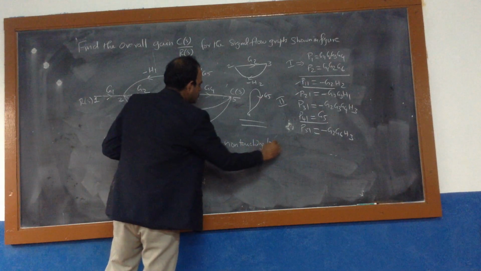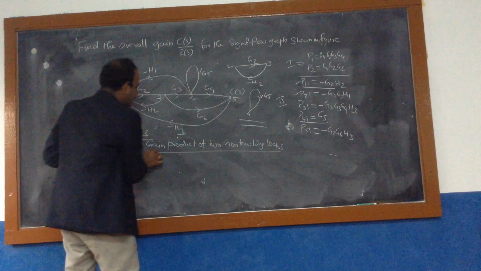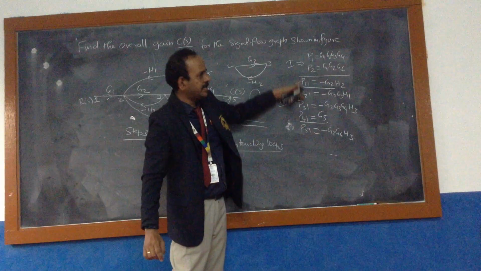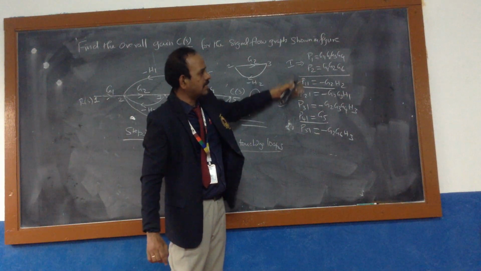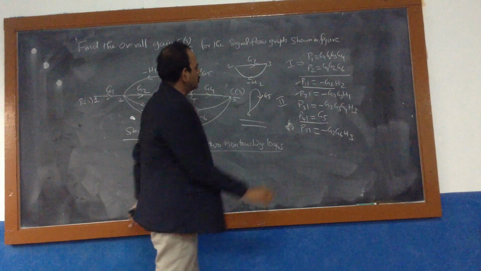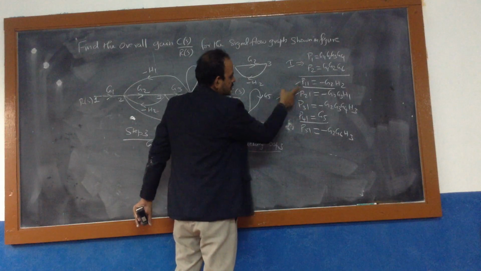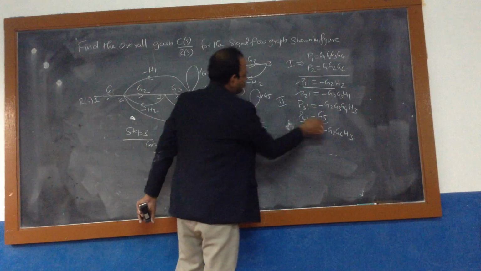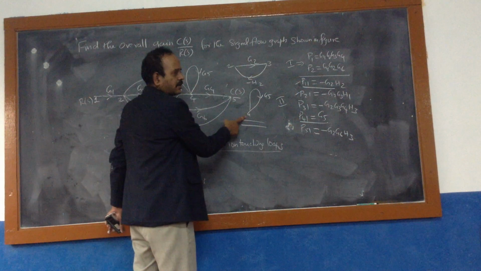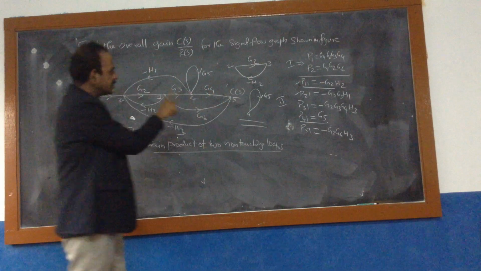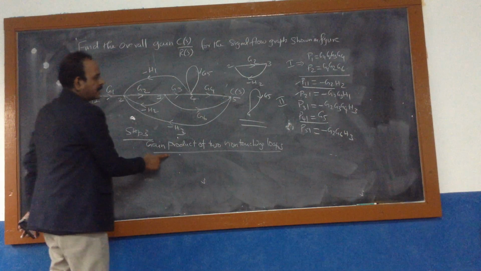This can be formed from the second step, the individual loops, such that these nodes do not touch each other. So the only two individual loops whose nodes do not touch each other are the first and the fourth. You can see here 2, 3 is there, and here 4 is there. We multiply both the individual loops to get the gain product.